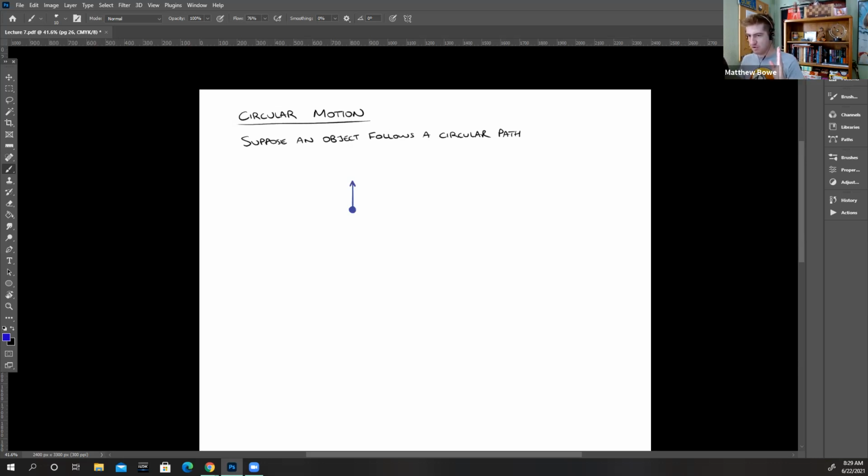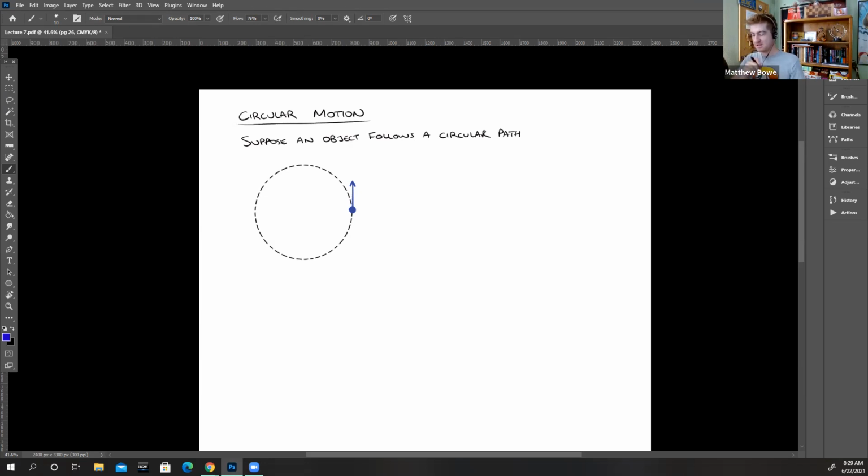It's going to be moving in some direction. If I was to take a picture of a ball moving along a circular path, right at that moment, in the picture, it's going to be moving straight up for that split second.